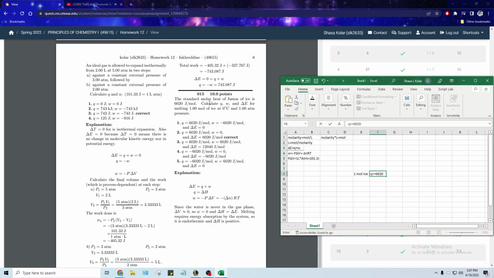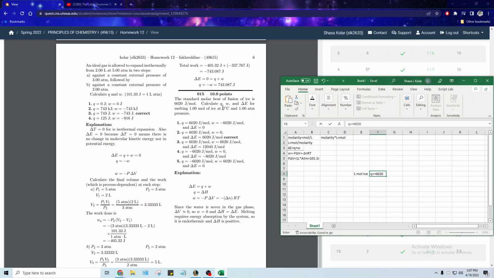And then it doesn't mention that it's doing any work. If you don't remember from the notes, unless something changes to or from a gas, so unless we have gas expansion or gas getting smaller, when something is changing from one molecule to another, we act as though no work has been done.